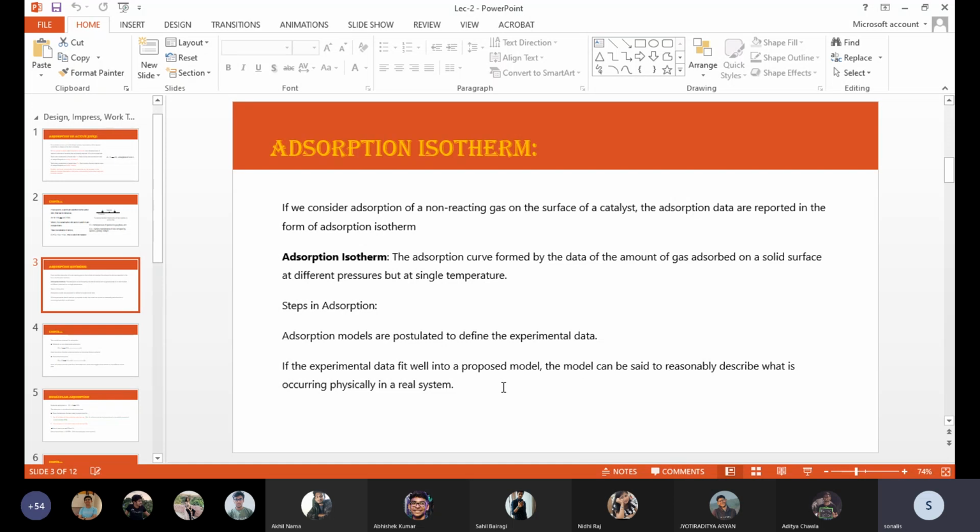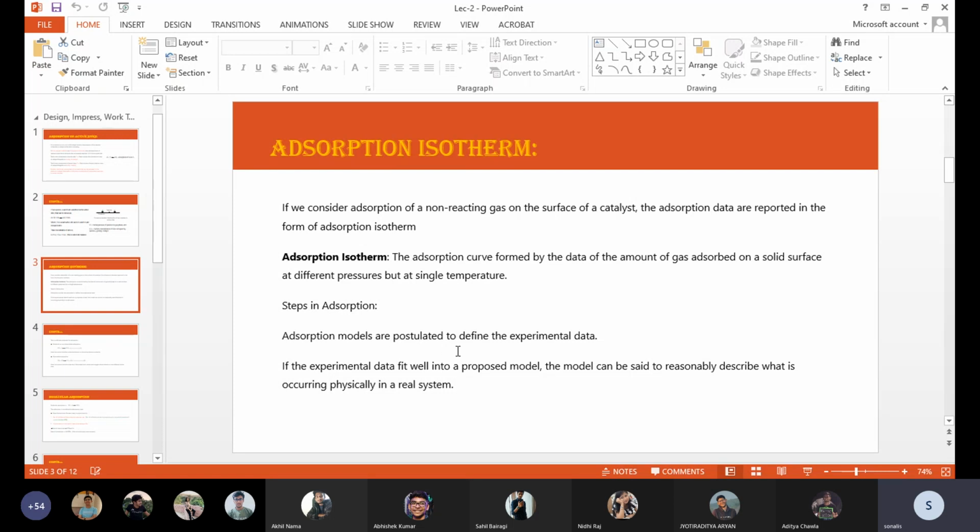Models means different equations which were postulated: this is the characteristic of a curve, of a gas whose nature fits this equation, or a series of gases which follow this nature. So we can make a generalized model, a generalized equation under which the characteristics of gases fall. That is called the model.